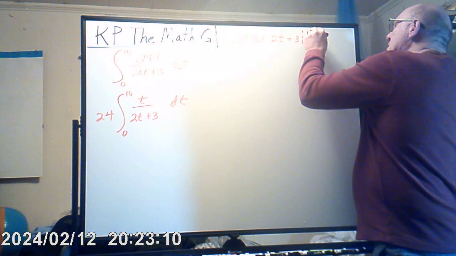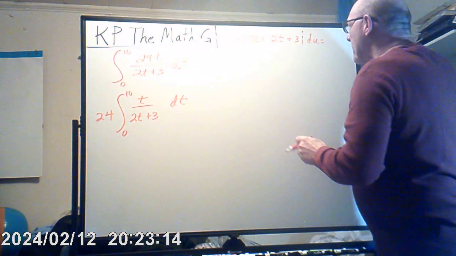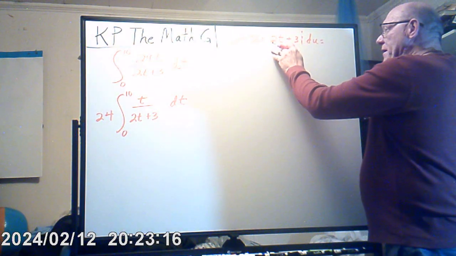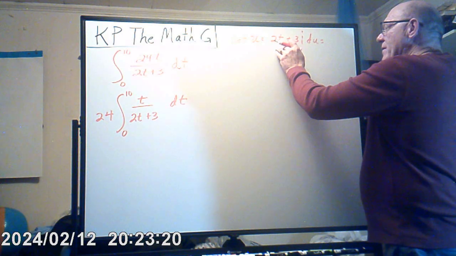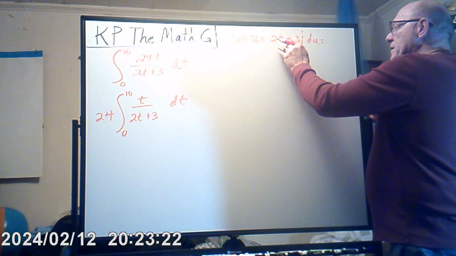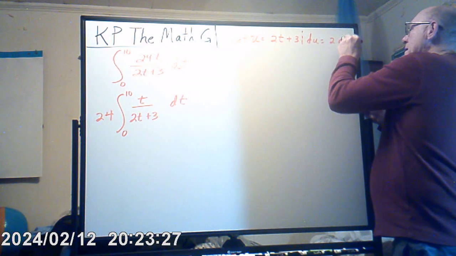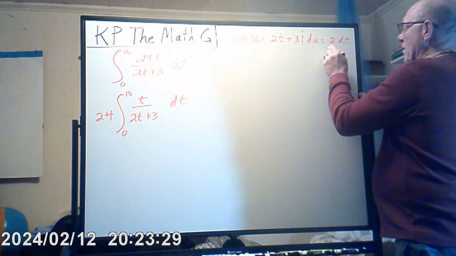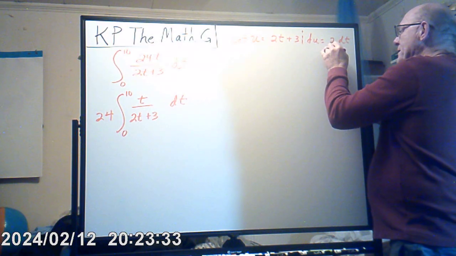So du is equal to 2. The derivative of the left side is du. The derivative of the right side is 2 dt. So really I want to multiply by half. So I'm going to divide by 2.